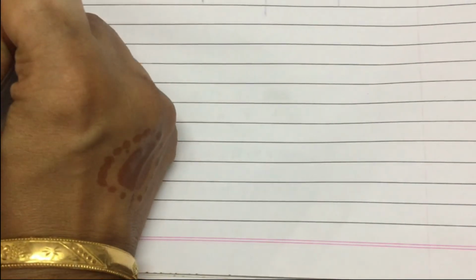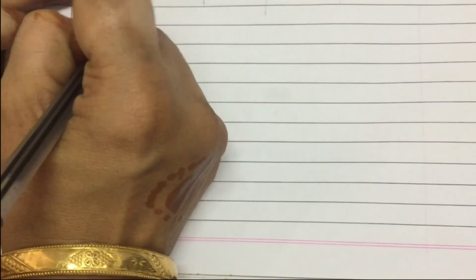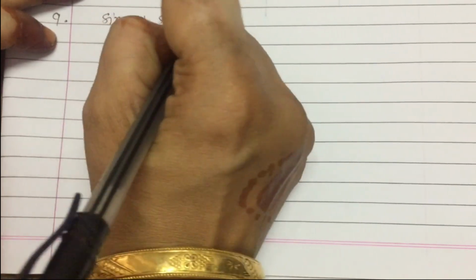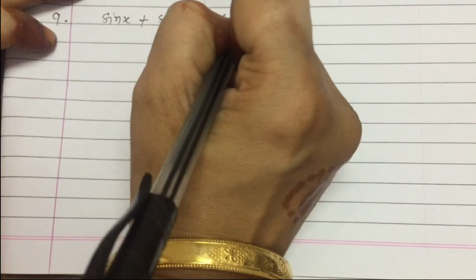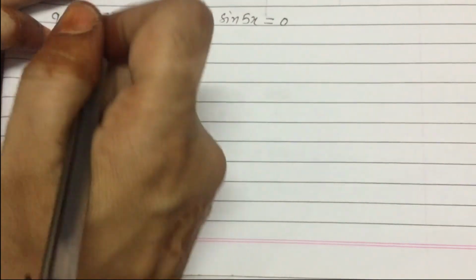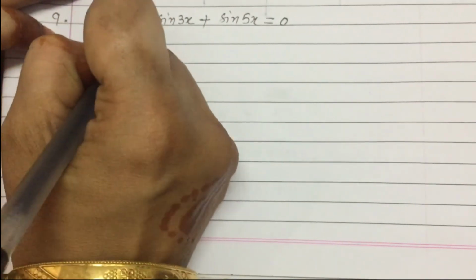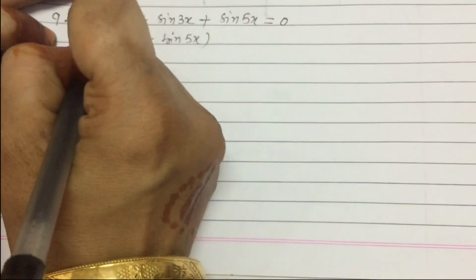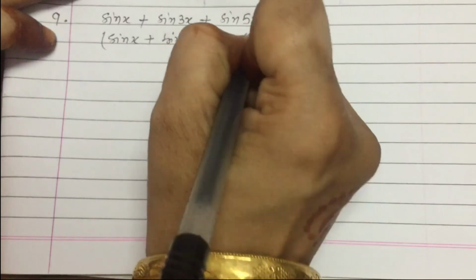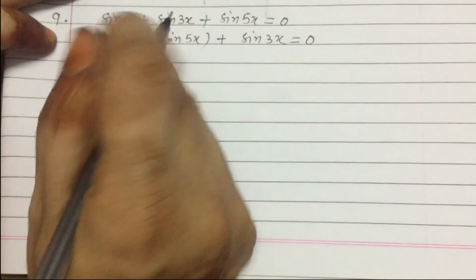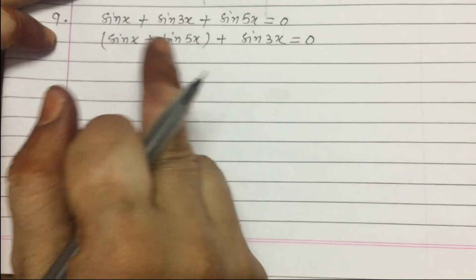Question number 9. The question is sin x plus sin 3x plus sin 5x is equal to 0. So first take sin x and sin 5x together and write sin 3x separately. Now apply the formula for sin x plus sin y.